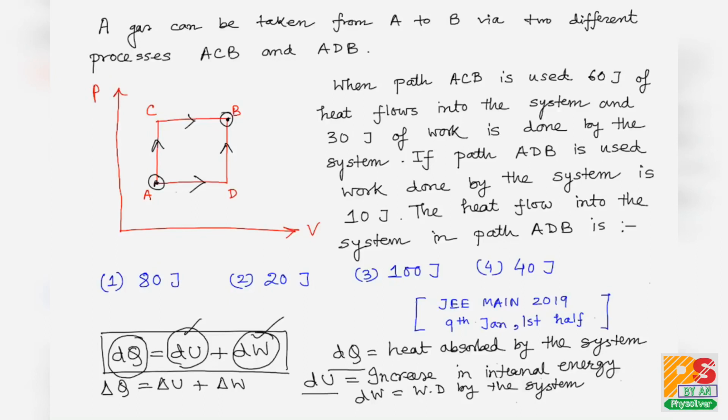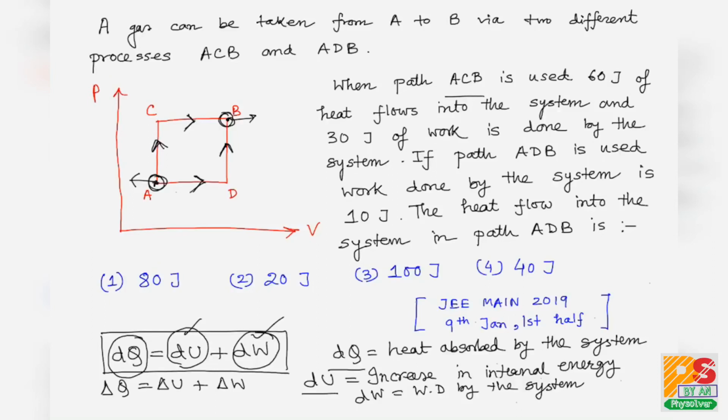That means the initial starting position and the final position is the same. So I can say the change in internal energy is the same in the two paths, that is ACB path and ADB path. So du will be the same in the two paths, right?